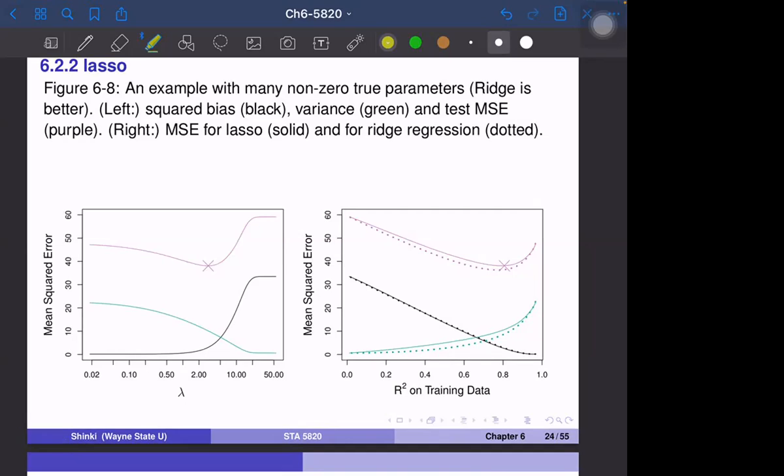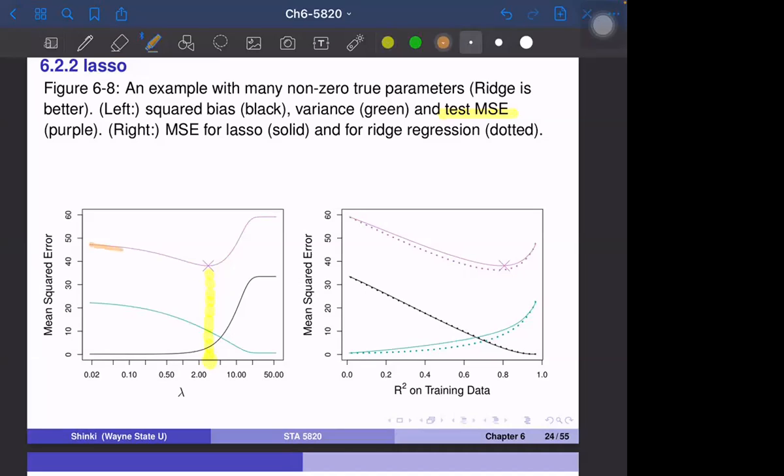This is our conceptual graph for how to optimize lambda. The purple line is the test error, test MSE. Basically we have some place at which the test error is minimized.